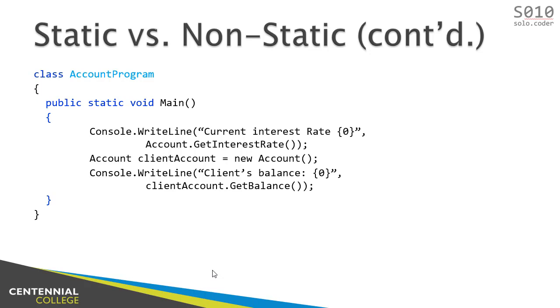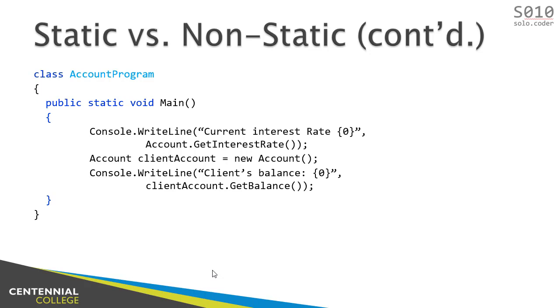It's the absence of static. Static means, for example for account get interest rates, that it doesn't change per object. It's not variable per object. It's global to any object of that class.